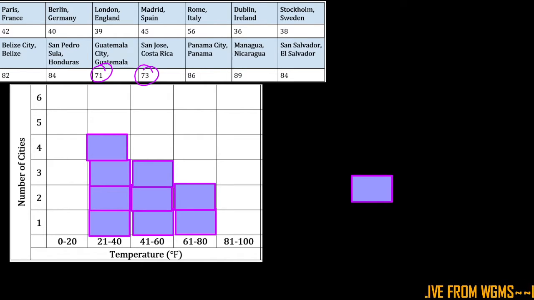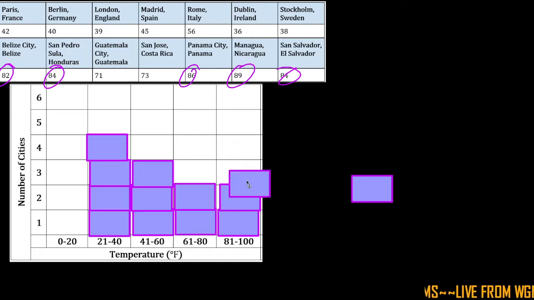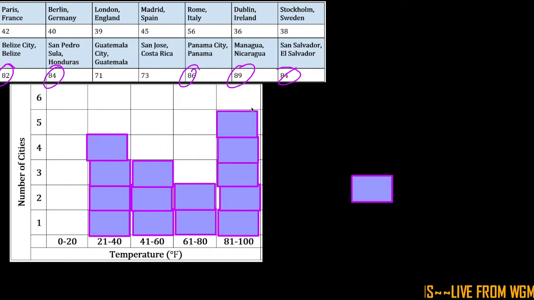And then finally, any values between 81 and 100 I'm going to include. So I have 1, 2, 3, 4, and 5. So I have 5 cities that are between the values of 81 and 100 degrees.